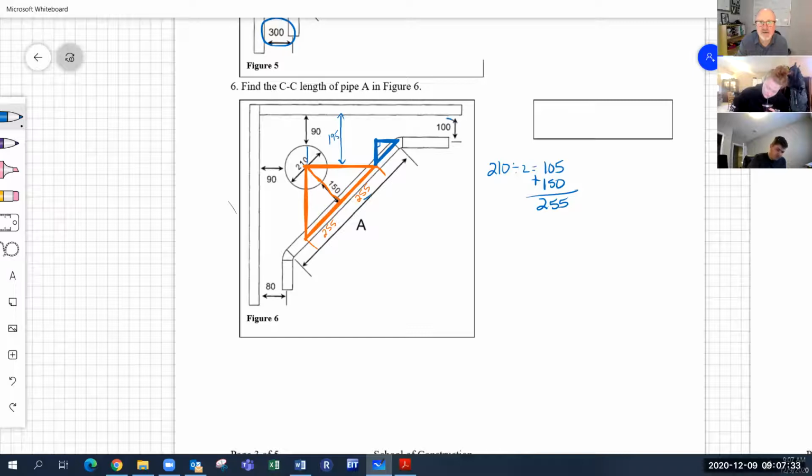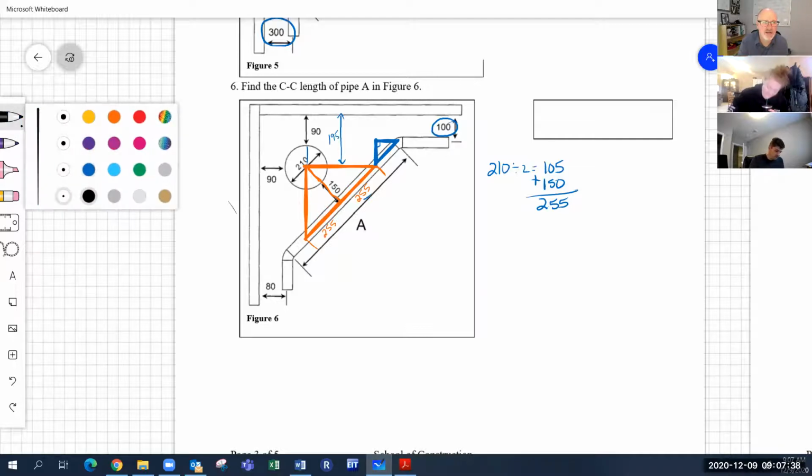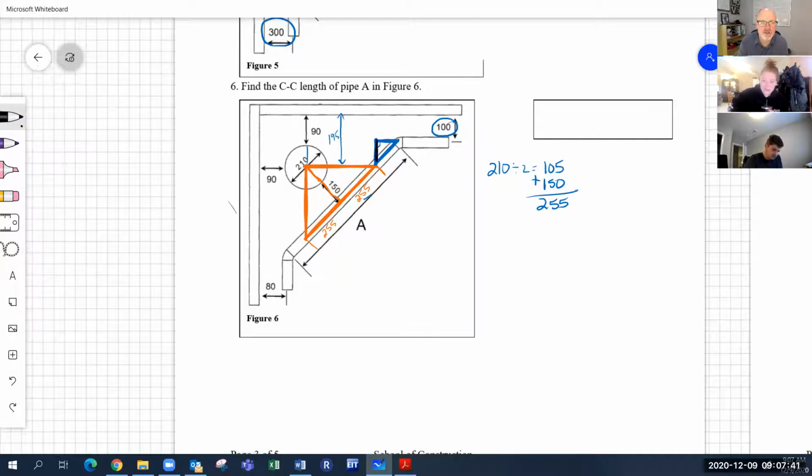And if I minus off the 100 over here, that makes this line right here in the black, that line is 105. So now I can get the travel of that by going 105 times 1.414, which is equal to 148.47. So this line right here is 148.47.